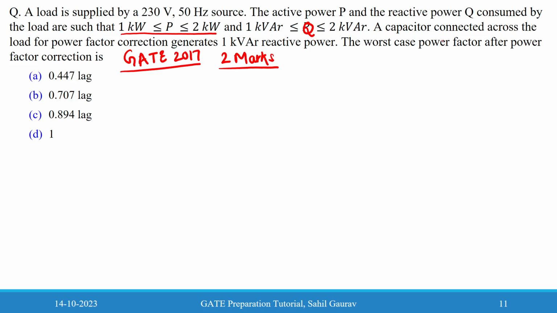A capacitor connected across the load for power factor correction generates 1 kVAR reactive power. Here you see nothing written, that means you have to consider lagging reactive power, meaning capacitor is generating 1 kVAR lagging reactive power. The worst case power factor after power factor correction is?